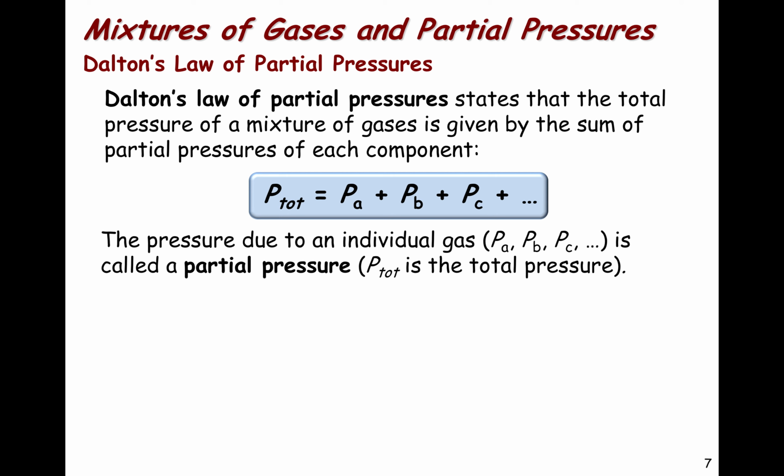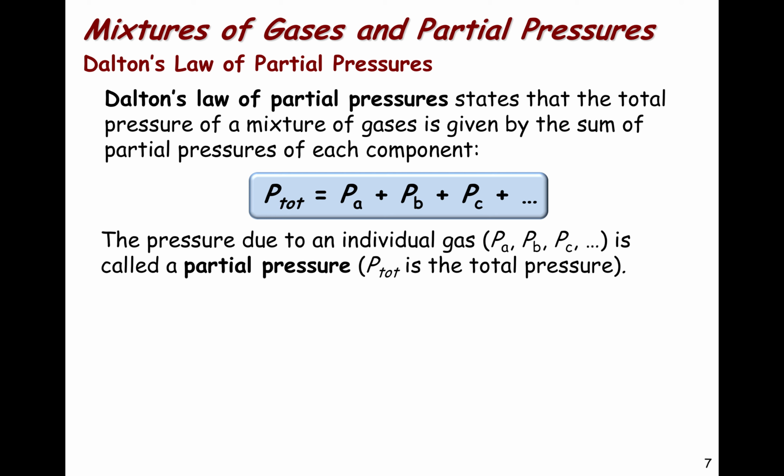It turns out John Dalton made a number of contributions in the study of gases, in addition to his understanding of the atom. And so one of his important contributions was that for a mixture of gases, we can talk about the total pressure being the sum of the so-called partial pressures for each of the gases in the mixture.